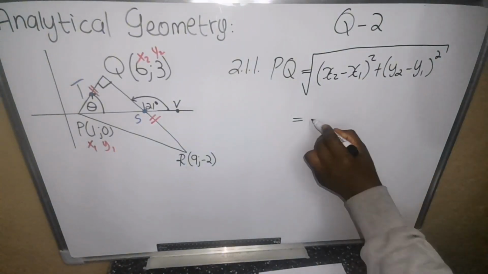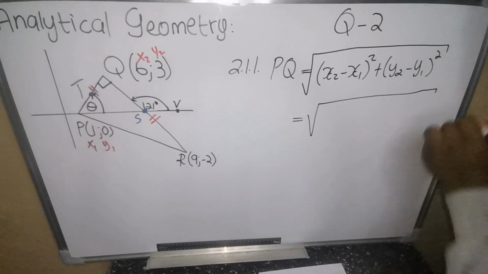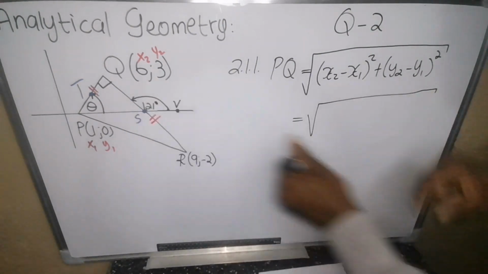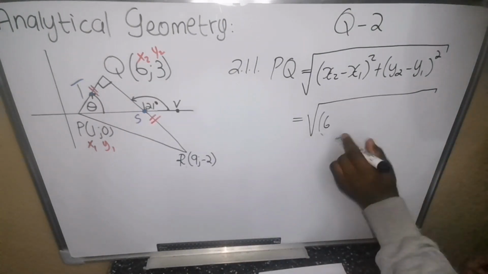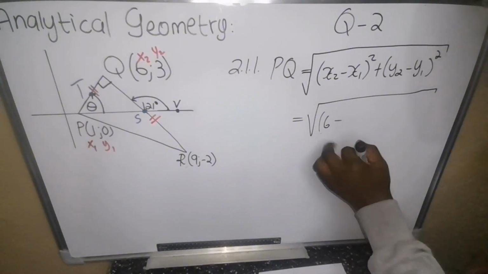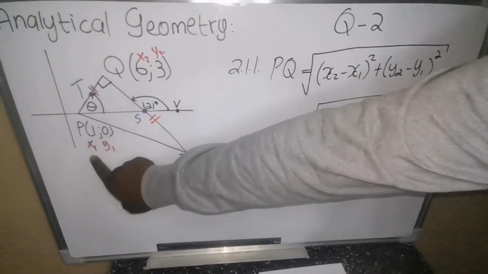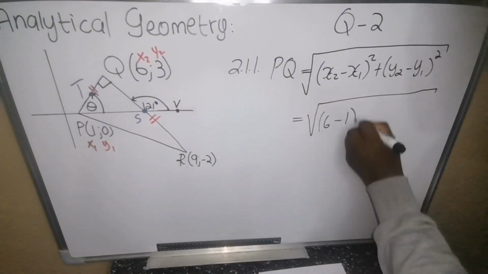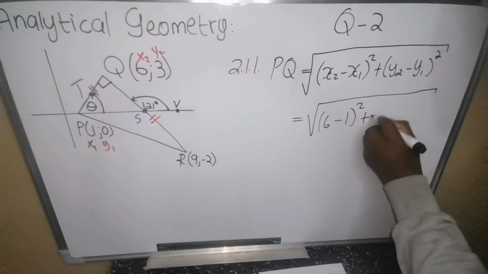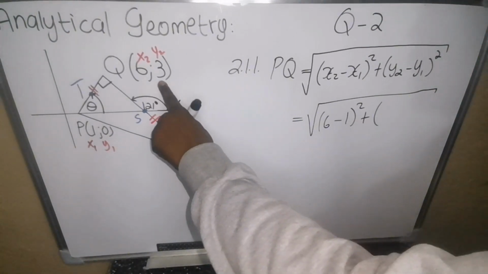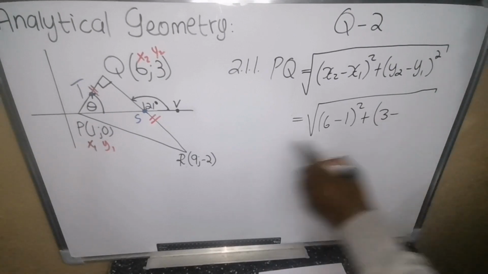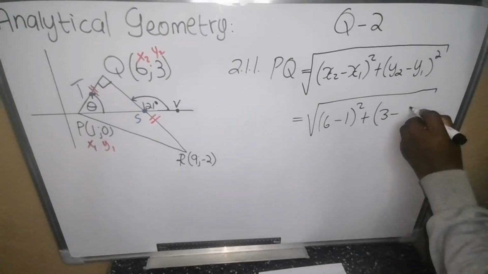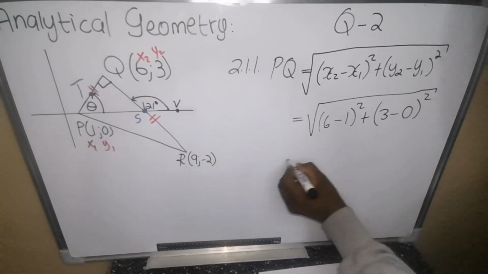Square root of, what is your x2? It is 6 here. You say 6 minus what is your x1? X1 is 1. 6 minus 1 squared plus what is your y2? 3. 3 minus what is your y1? 0. 3 minus 0 squared.